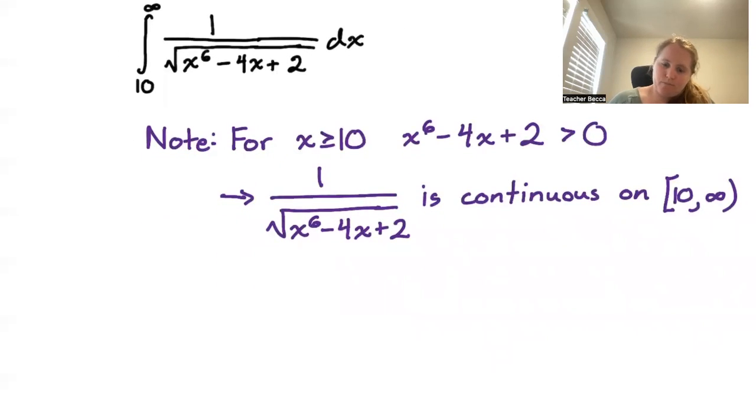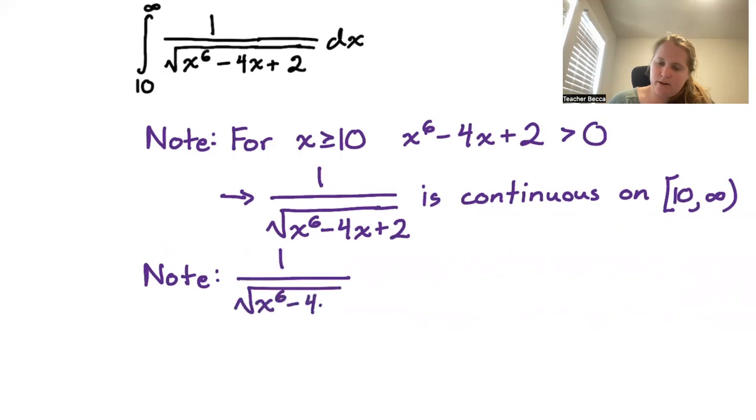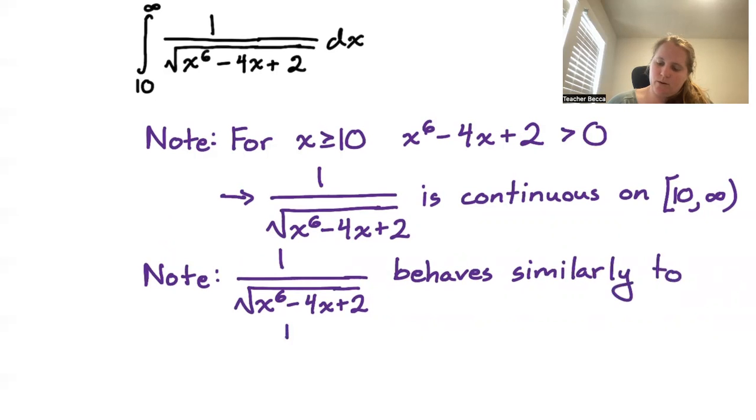Furthermore, note again that 1 over the square root x to the 6th minus 4x plus 2 will behave similarly to 1 over the square root x to the 6th for large x.